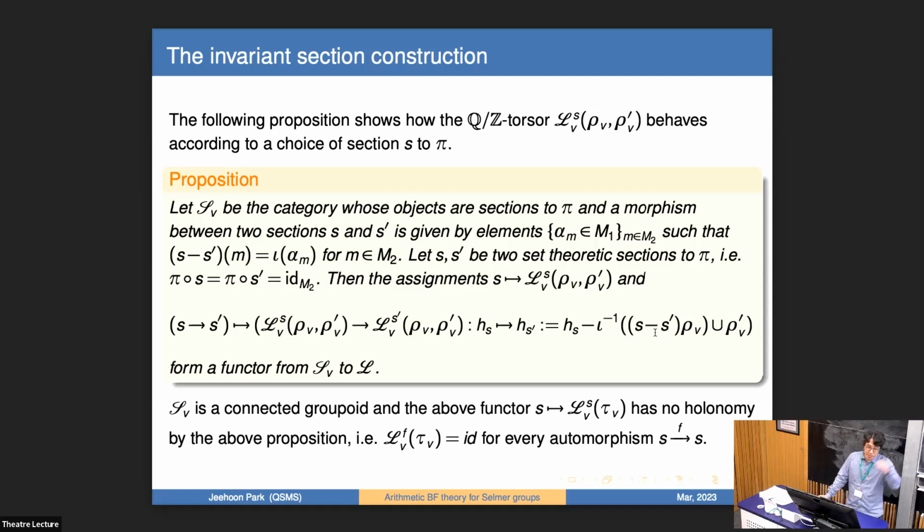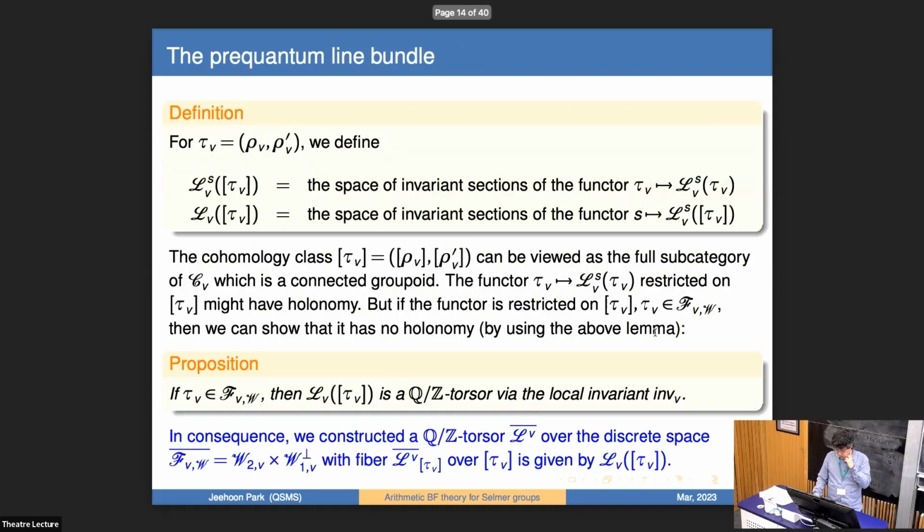Then you can take the projective limit with respect to the index category SV. Then that actually exists, and it's actually Q mod Z. So this is the so-called invariant section construction. It's a projective limit construction. So LV as tau V is the space of invariant sections of the functor. And then you can also think of the invariant section of the functor on the cohomology class.